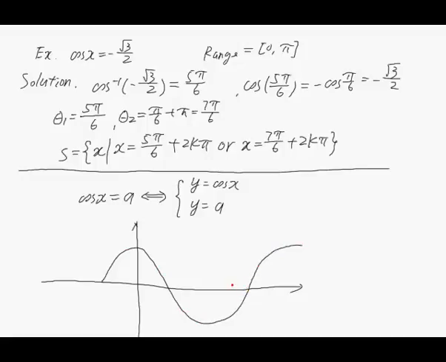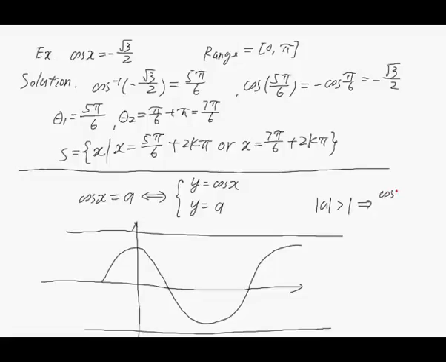So if the absolute value of a is greater than 1, then you have y equal to a either here or here, right? Then in this case, when the absolute value of a is greater than 1, cosine x equal to a has no solution.